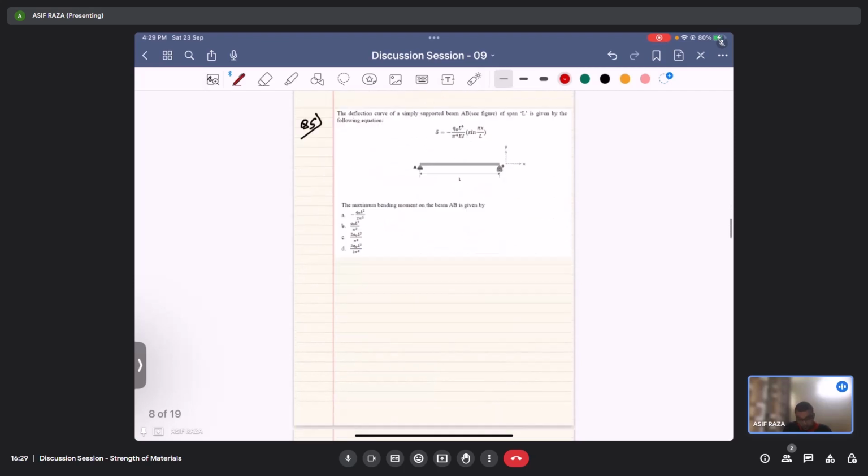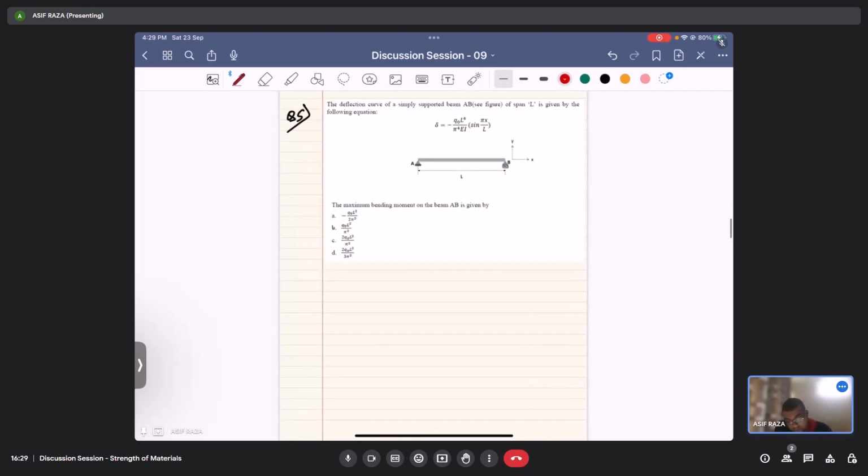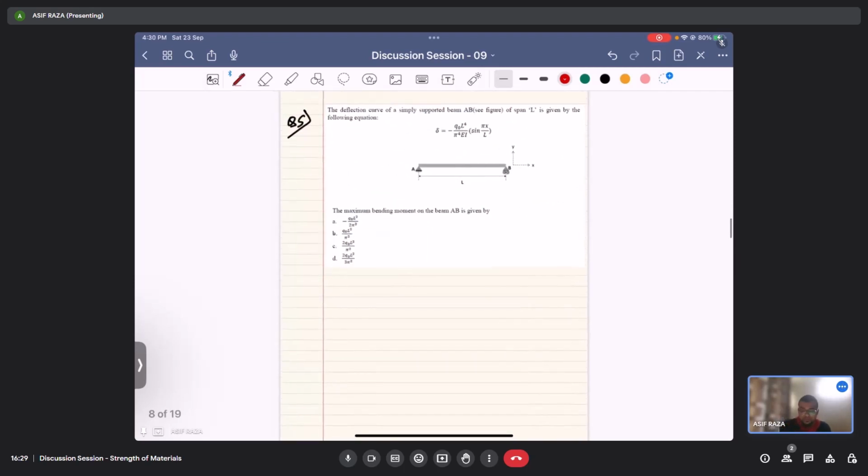So this is a very good question. The question is, the deflection curve of a simply supported beam AB, see the figure, of span L is given by the following equation. So we are given the deflection curve equation.